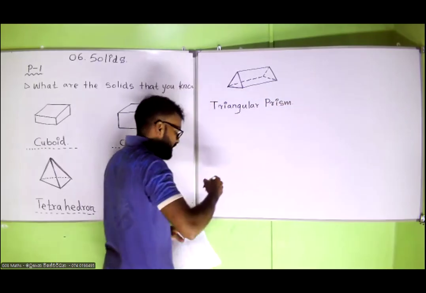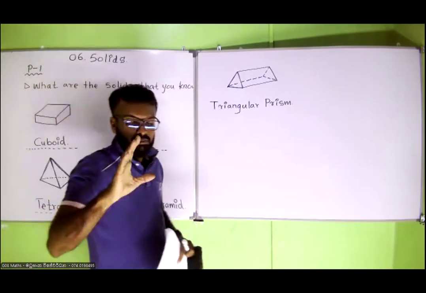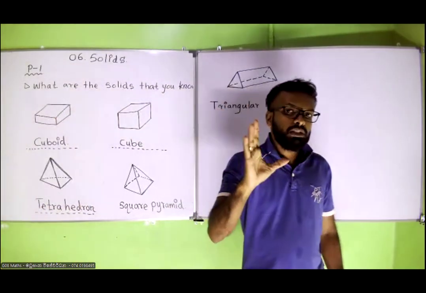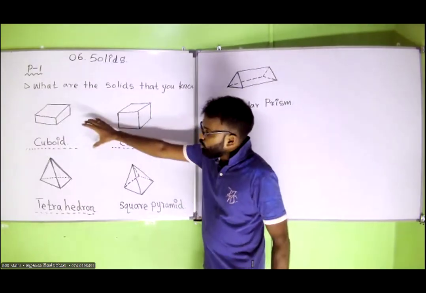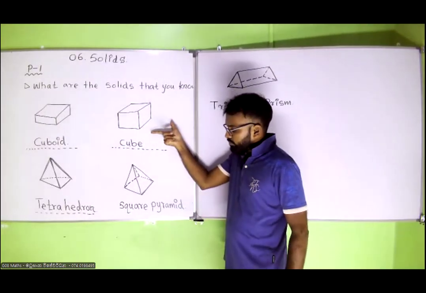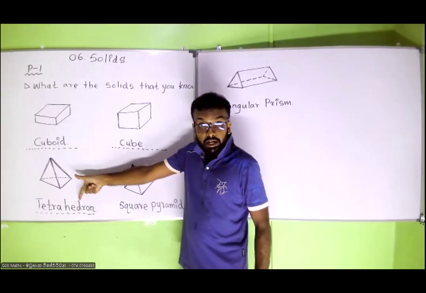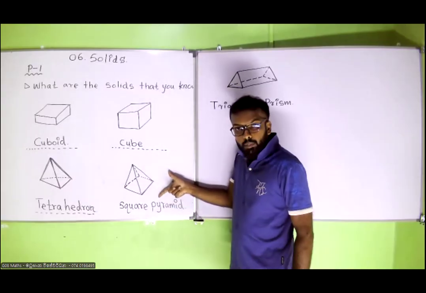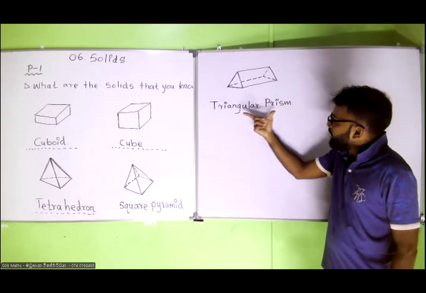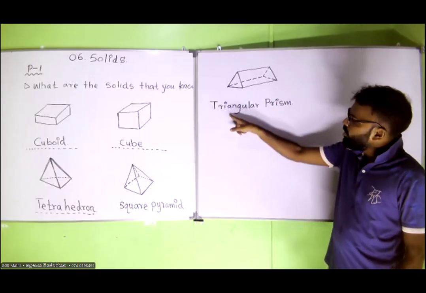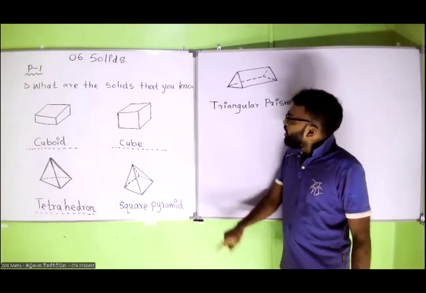Please remember these names: cuboid, cube, tetrahedron, square pyramid, triangular prism. Why do we call it a triangular prism?